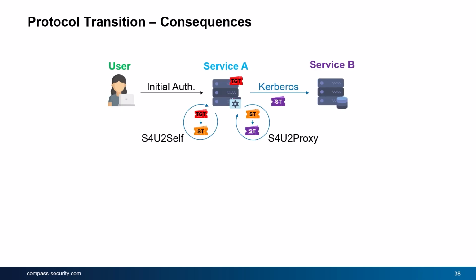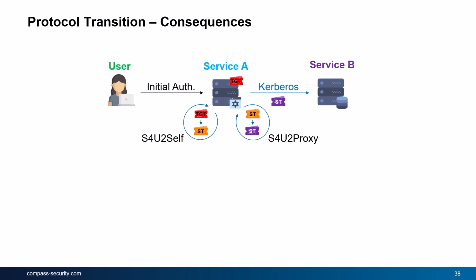Now, if you have paid close attention to how this mechanism actually works, you might have noticed something a little bit strange. What I'm hinting at is that there is no actual connection between the incoming user authentication and the S4U2Self request. So while most services will only trigger the S4U2Self request once a user has authenticated, there is no technical connection between an incoming connection of a user and the S4U2Self request.